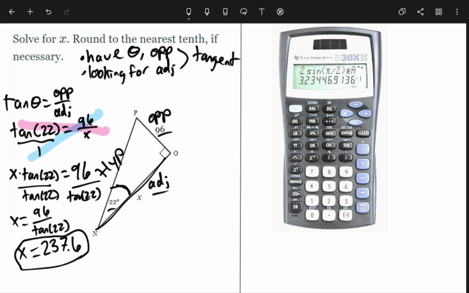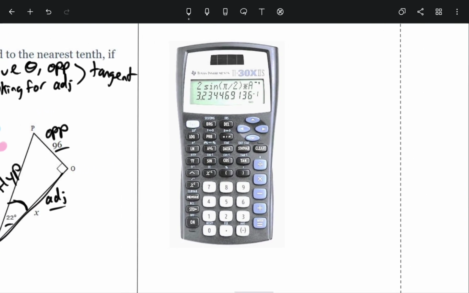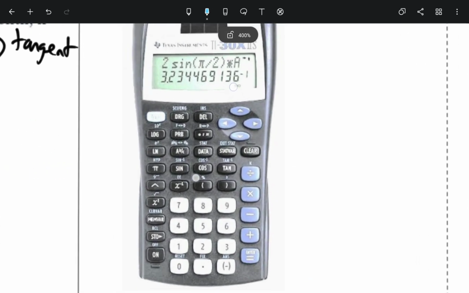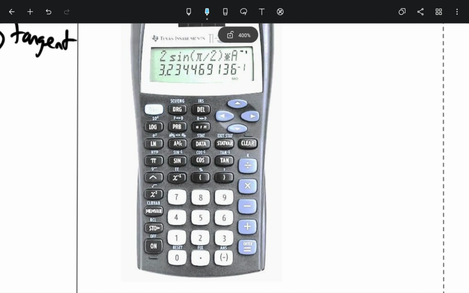Okay, now before I end the video, I do just want to briefly look at a calculator real quick. So this is a TI-30X. This is the same one we have in the classroom. Okay, so this button right here that I am highlighting in blue, that is the second key, which is used when we want the operations above the buttons.